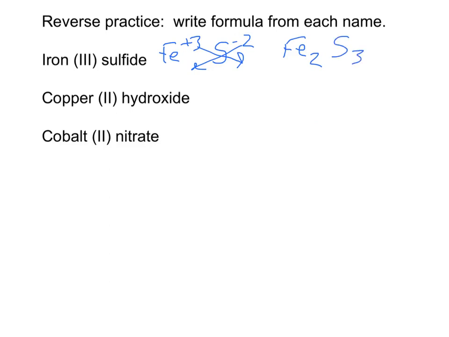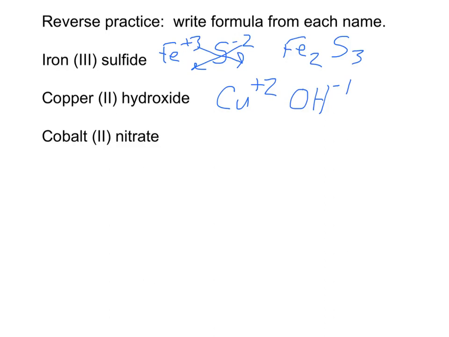Once you get to the point where you know what the charge is, then it's just like every other crisscross problem. All right, next is copper 2 hydroxide. So that's Cu2+, and hydroxide is one of those polyatomics you have to learn, OH -1. Now, when you crisscross using a polyatomic, you have to keep in mind that the OH is an entire unit.